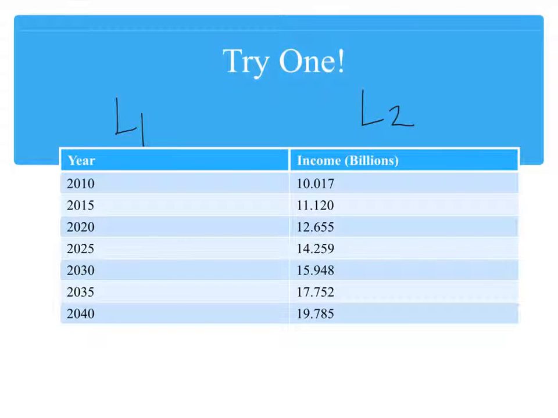So if I'm talking years since 2000, I'm going to enter 10, 15, 20, etc. I want you to use your graphing calculator and get the scatter plot for this and also get the line of best fit. Few more reminders of the keystrokes before I give you some time to do this on your own.